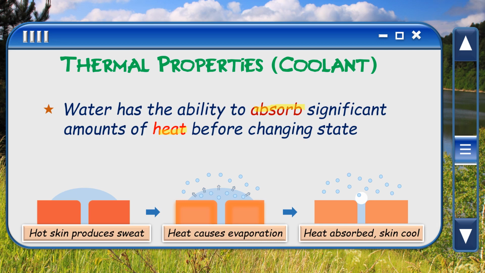Now let us look here at a hot skin which produces heat. This hot skin produces heat, and here we have a water molecule on the surface. Now this water can be like sweat. When the skin produces heat, it produces sweat.